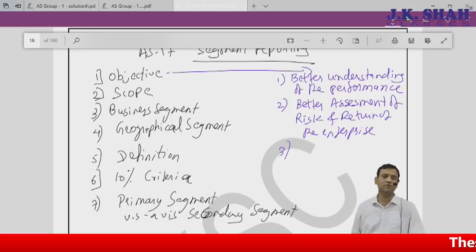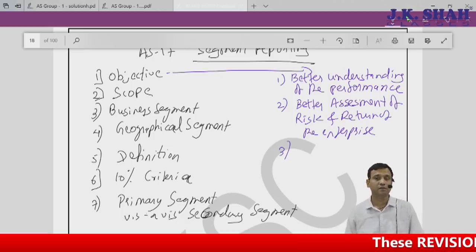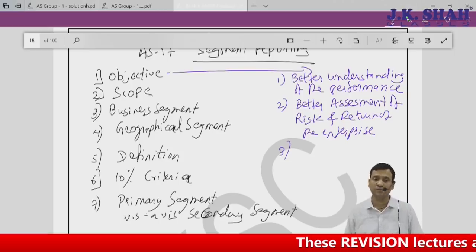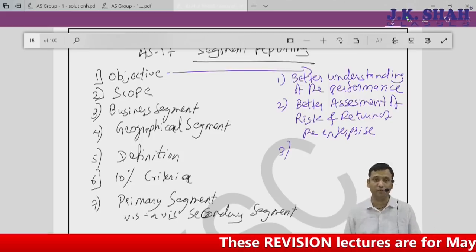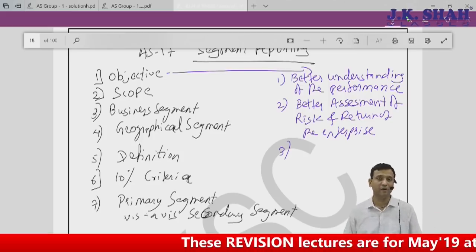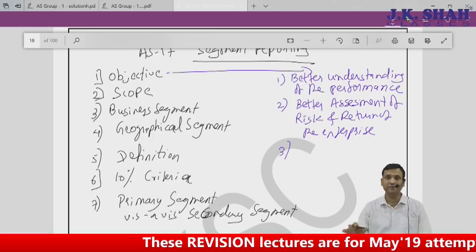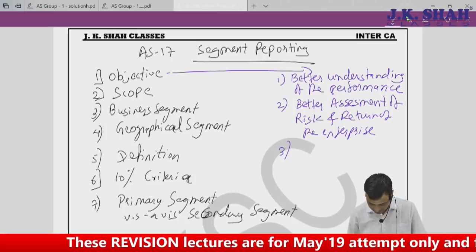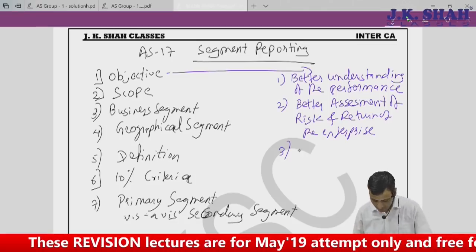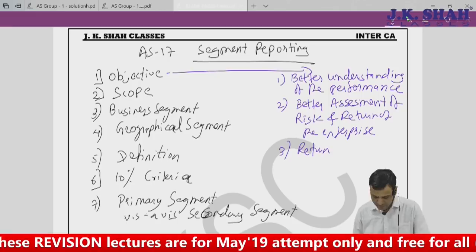Which profit center is having high risk? Their business is coming from tobacco as well as from FMCG items. So tobacco is a huge risk for me. At any point of time, the government may ban it. So this risk assessment is possible. Third area, the returns assessment.